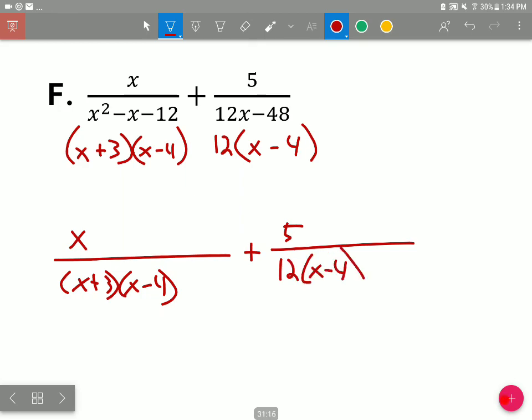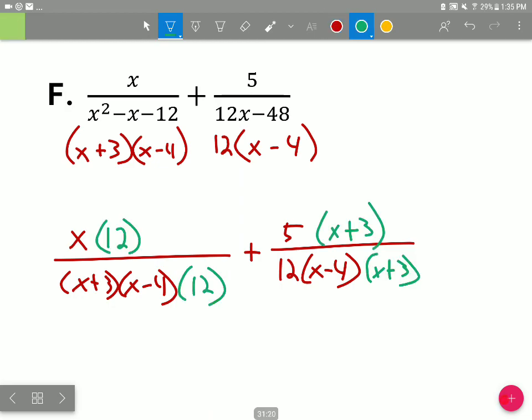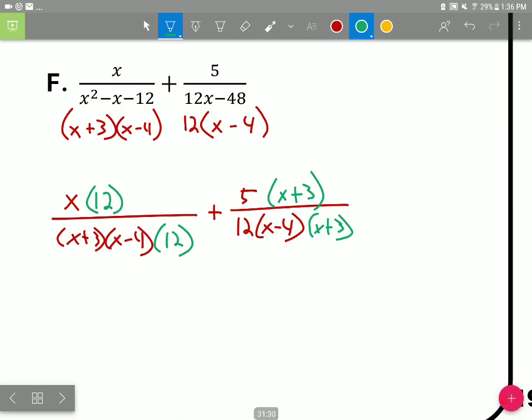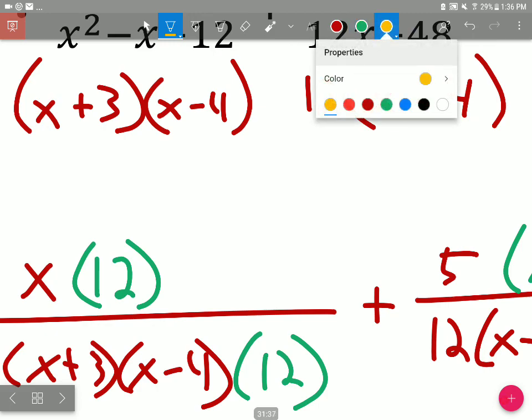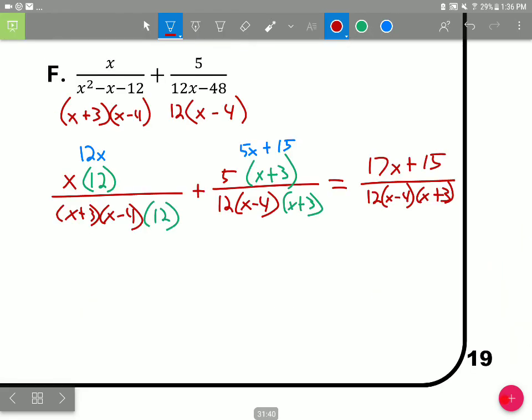All right, take a second. Get that common denominator. Cool.